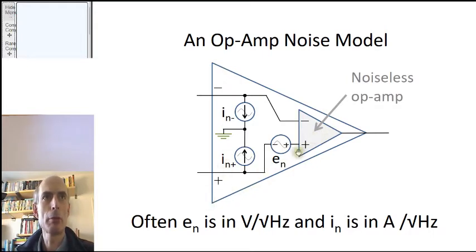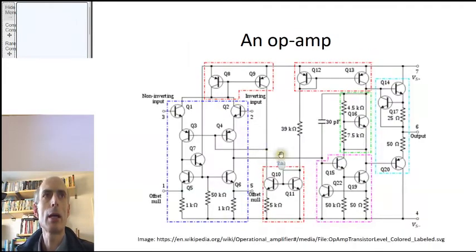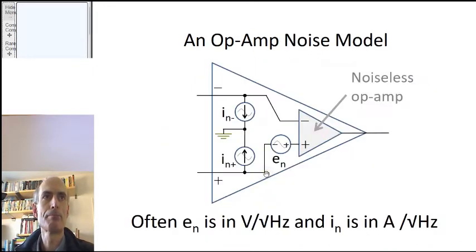This amplifier here, with these three noise sources, coupled with an entirely noiseless op-amp, behaves exactly the same way as this full noisy op-amp circuit here. And the values of these noise currents and noise voltages, which are usually expressed in volts per root hertz and amps per root hertz, are given in the datasheets of the operational amplifiers.